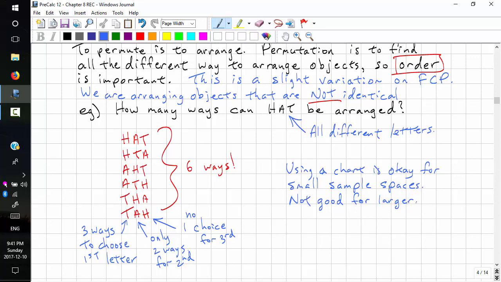We saw that with the meal combos in the last section, and the tree got very large. And if you use this permutation method, it also gets fairly large if you have a lot of choices. So use it for small, and then we try to generalize for larger problems.